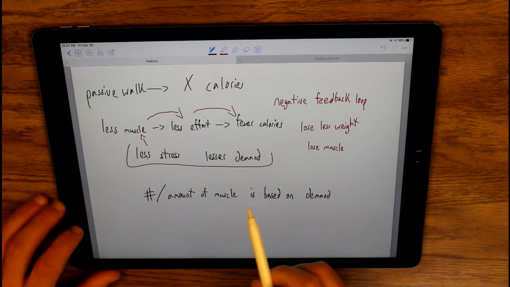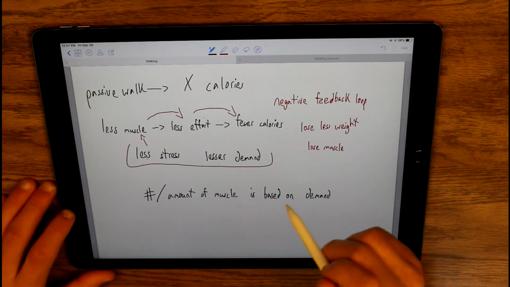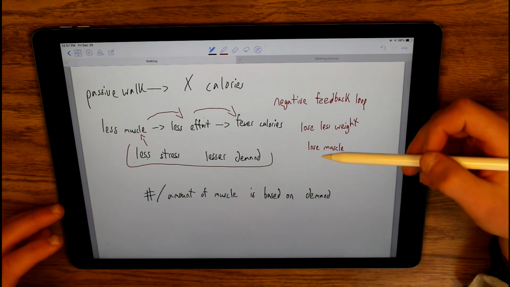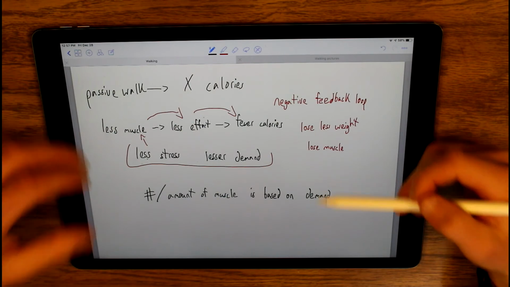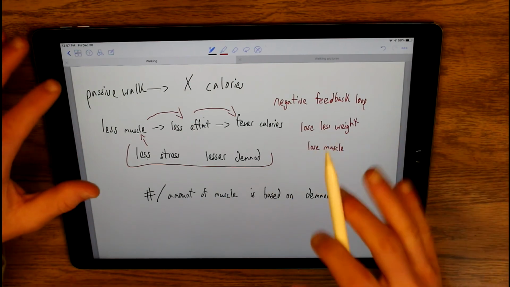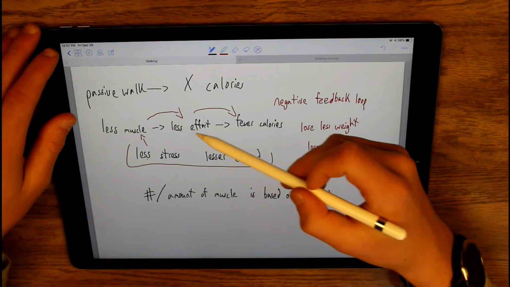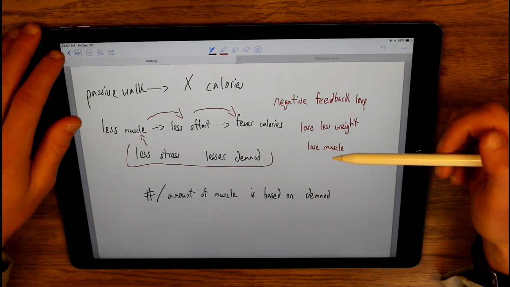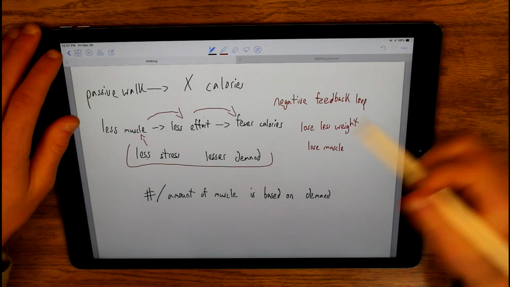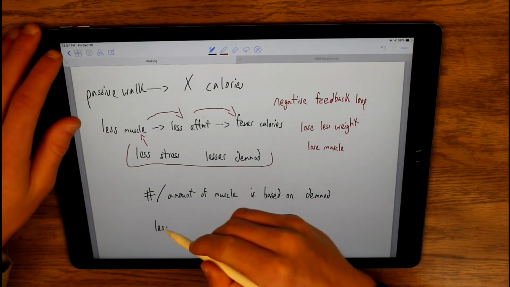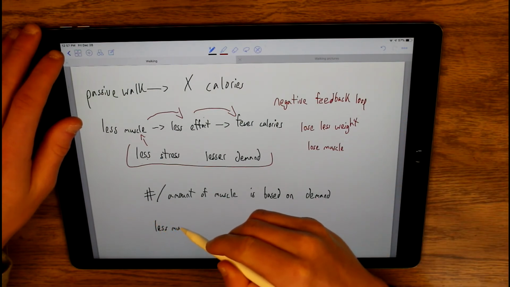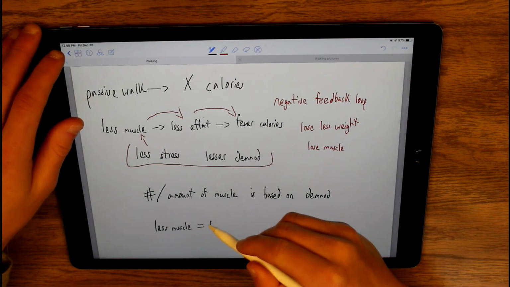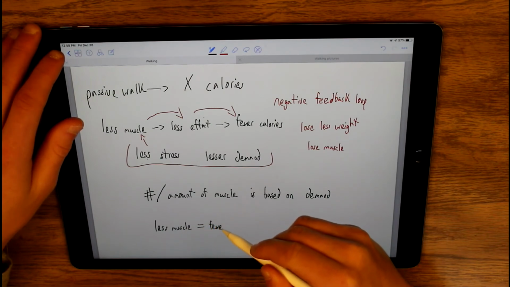And because the amount of muscle you have is based on however you are demanding your body, because they are interrelated, if you place less stress on it, you're going to have less muscle, which means you're going to burn fewer calories. Less muscle equals fewer calories.